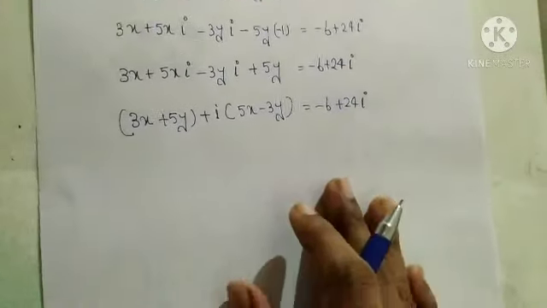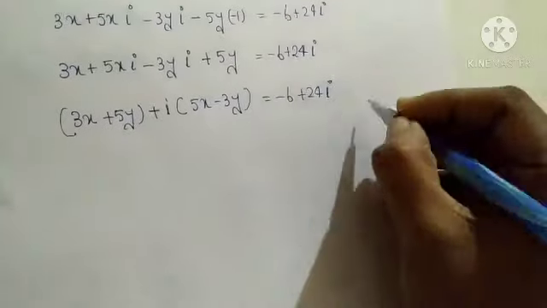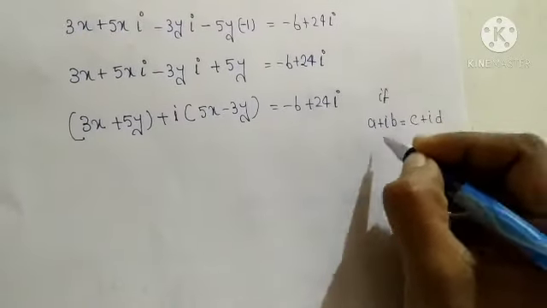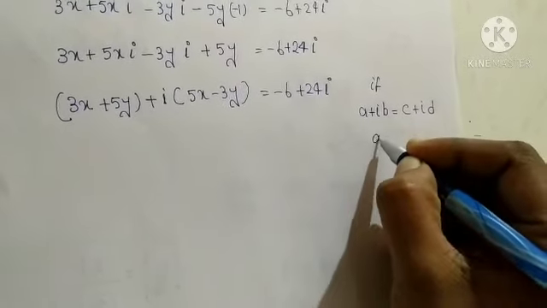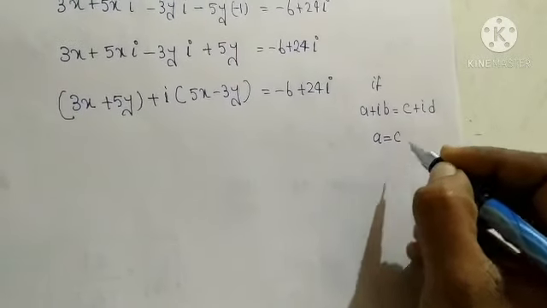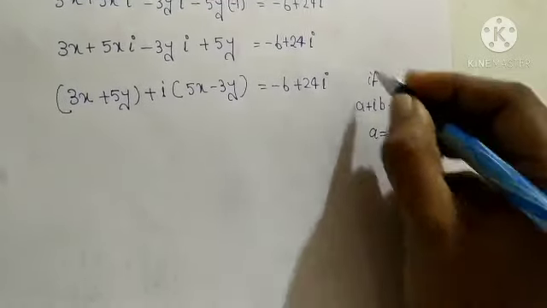The imaginary part is equal to minus 6 plus 24i. Okay, so equating two complex numbers, if a plus ib is equal to c plus id, we can write a equal to c and b equal to d.